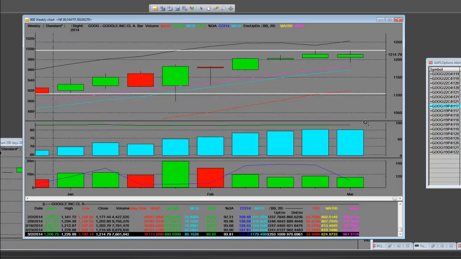The pink line is a 50-week moving average, and that moving average there is 967, but we're trading way up here. The 10-week, which is the blue line, appears to be at 1170. All right, this is what Google looks like.